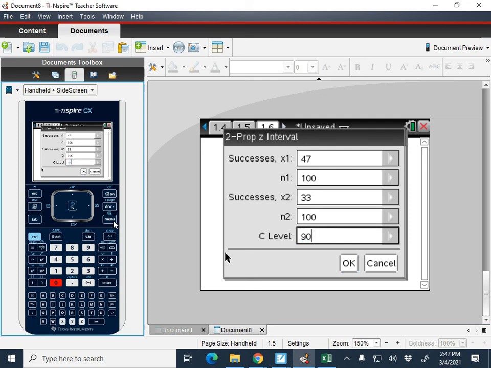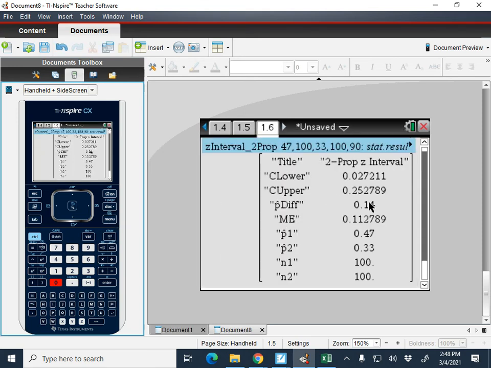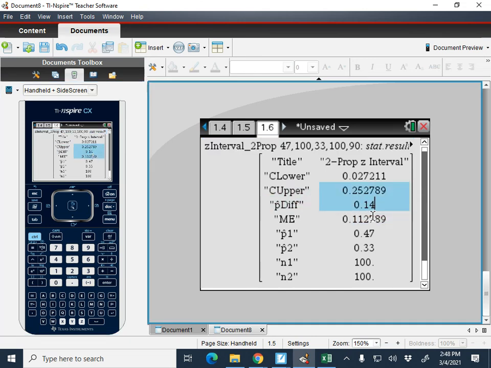Still 90. We're staying consistent. We're doing the same level of confidence every time so that we have comparable things here. But notice one thing it says here is P diff. Okay? It took, for the males, the 47 minus the 33, and it got the difference of 14. And that's how it built this interval.